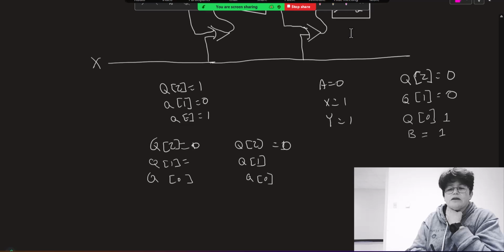Q1 is going to be the not of Q2 before. Q2 before was 0, so it'll be 1. And Q0 will be the not of what Q1 was before. Before, Q1 was 0, so the not of that is 1. And then that means this one will be 0. This is the second and third.